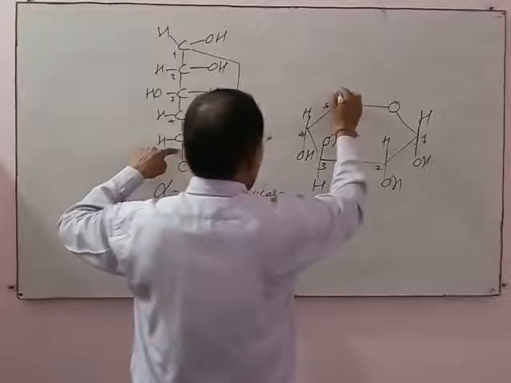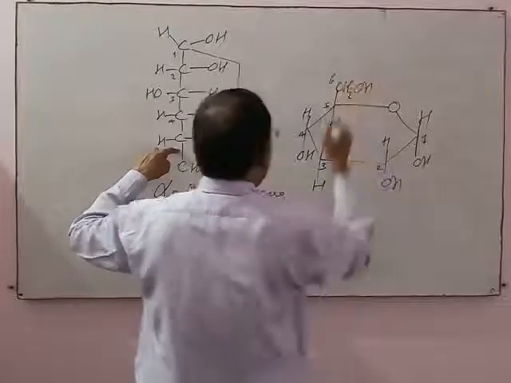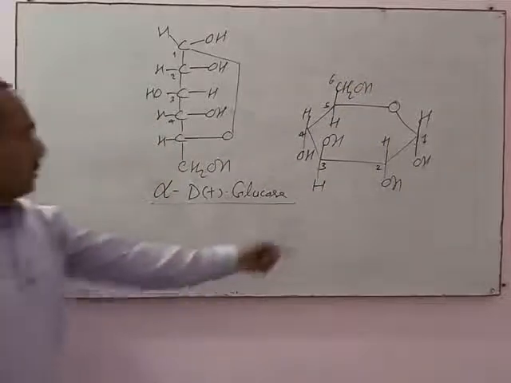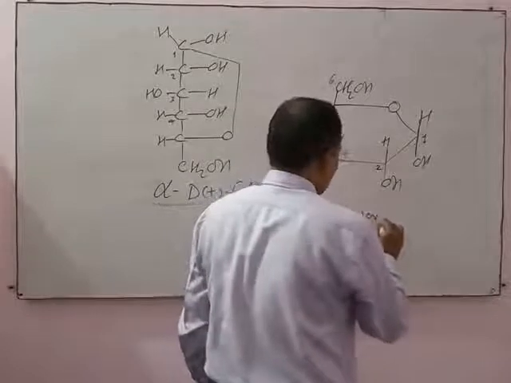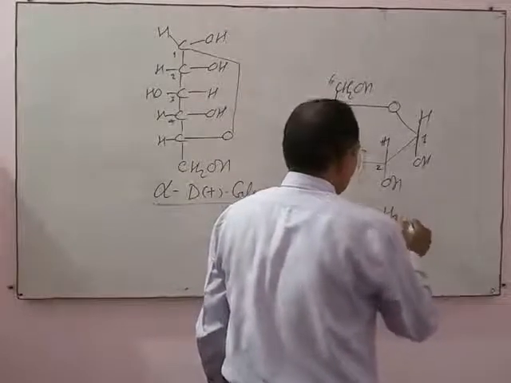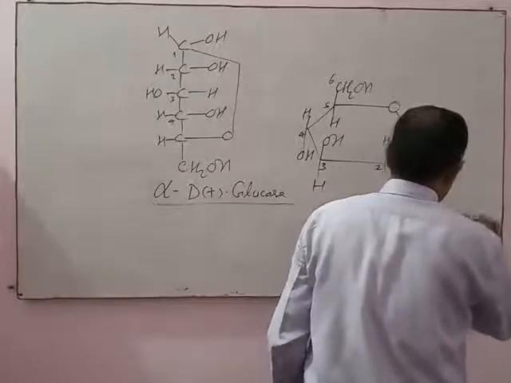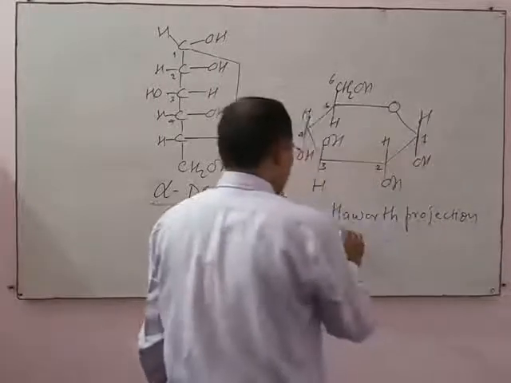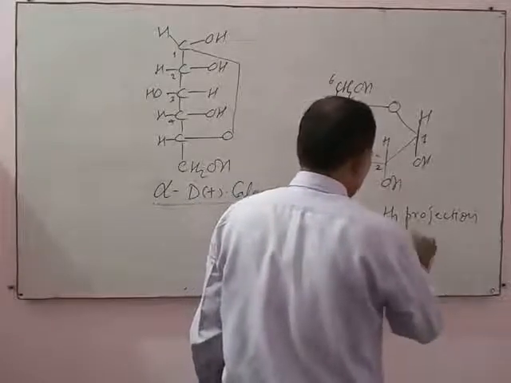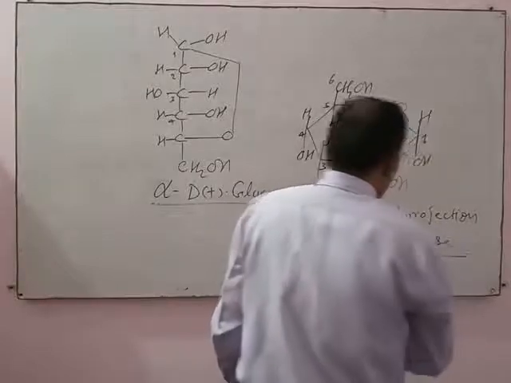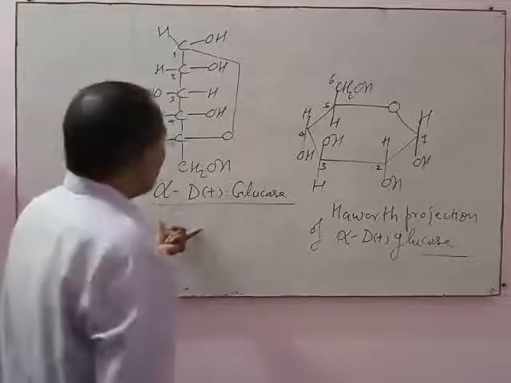And at carbon number 5, CH2OH. This is carbon number 6. This is the Haworth projection of alpha D plus glucose.